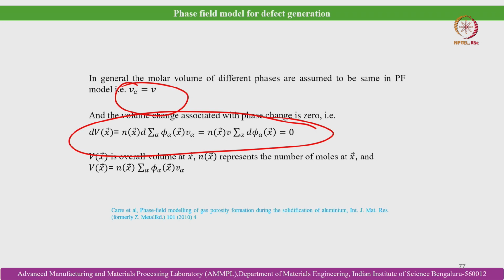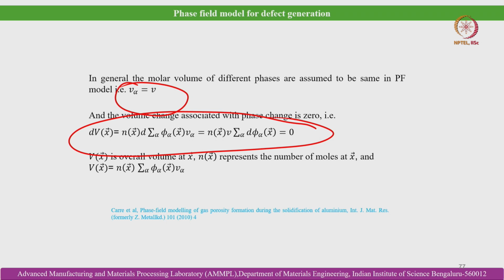Okay. So, V x bar is the overall volume at x bar, n x bar represents the number of moles at x bar, and V x bar is equal to n x bar summation of alpha phi alpha, the phase field parameter of phase alpha, which is a function of x bar, into V alpha.